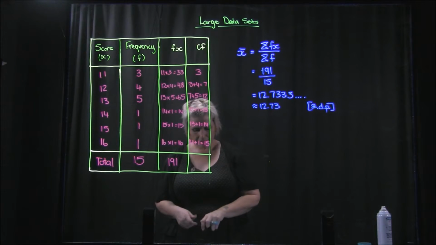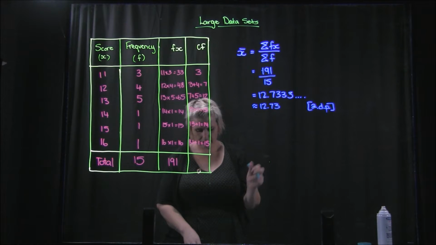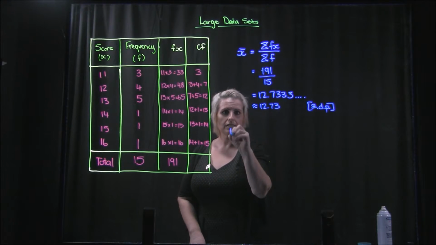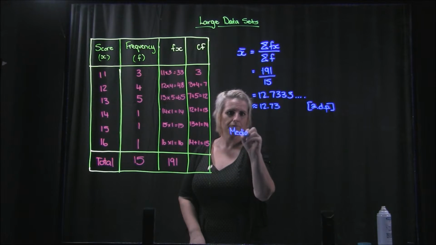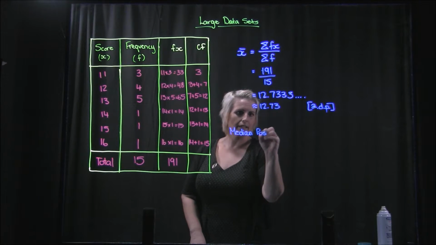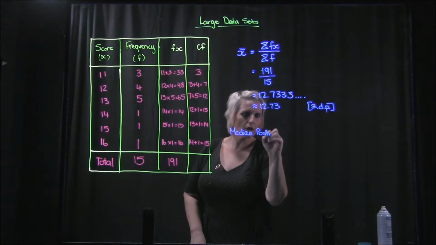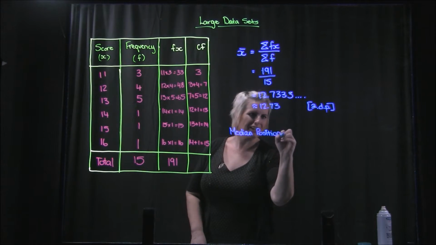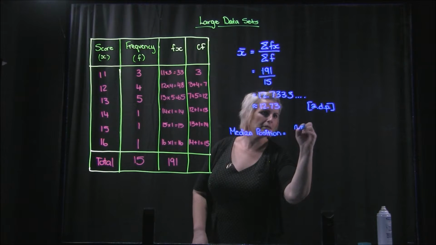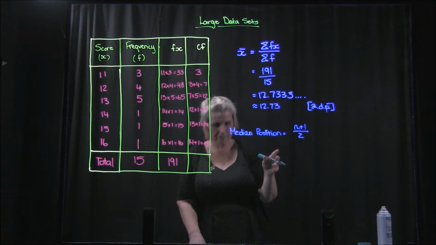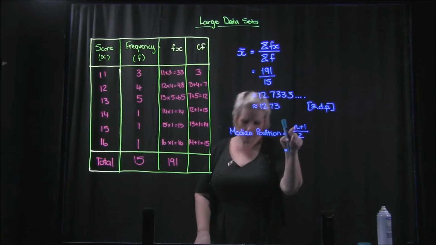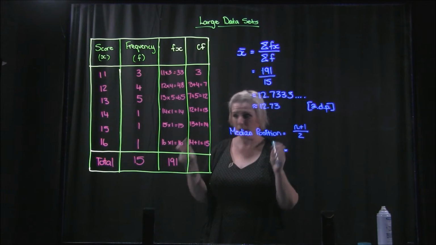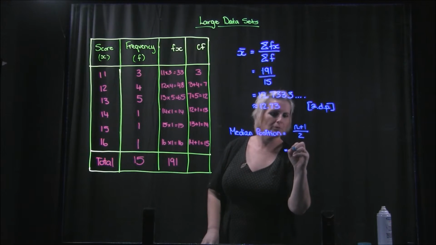If I need to find the median, okay, so median position is still going to be the same formula. Position is n plus 1 over 2. So I'm still trying to find the center. So I know what the n, or the f for frequency, is: 15, that cumulative frequency.